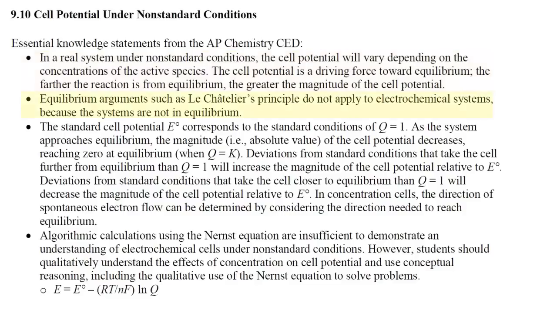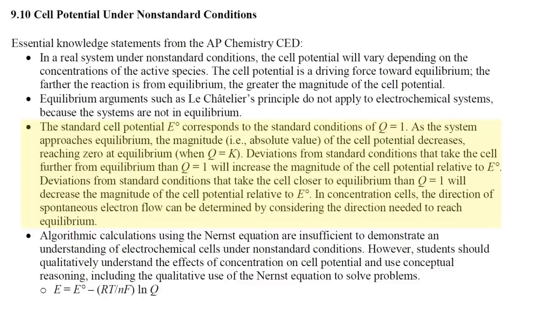Equilibrium arguments, such as Le Chatelier's principle, do not apply to electrochemical systems because the systems are not in equilibrium. The standard cell potential, which is symbolized by the capital E with that superscript 0, looks like a degree symbol, corresponds to the standard conditions of Q equals 1.